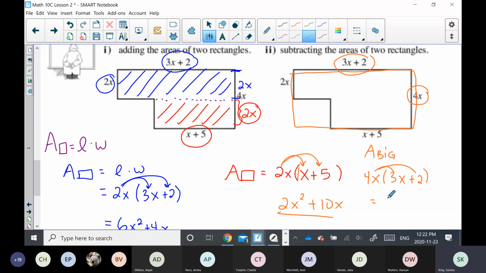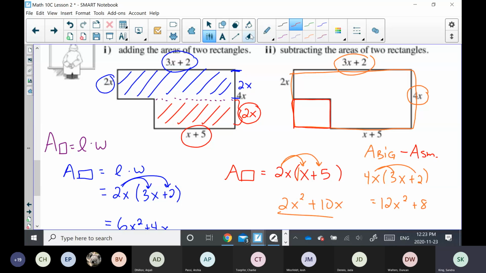And you would get the area of this whole thing colored in would be 12x squared plus 8x. And then what we would do is we would subtract the area of the small, which would be this guy here.